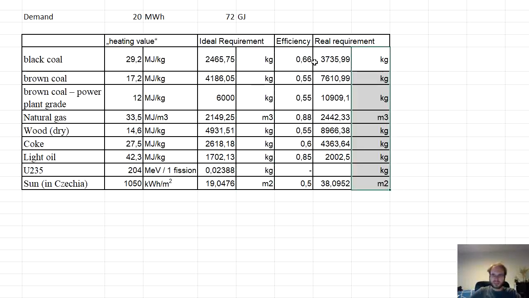So as I said, the efficiencies are efficiencies of the boilers for continuous operations, including start ups and shutdowns, which you can consider. And for the sun, this is still a little bit probably optimistic efficiency of solar thermal collectors.